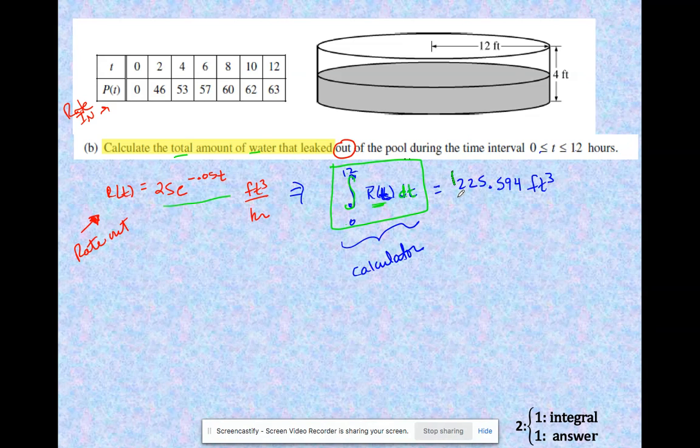And then again, 1 point for the answer, and the rubric has units with the answer. So if you didn't include units, you don't get that point. Now, they do keep track. If you lost a units point in part A, they won't ding you again for units in part B. You can only lose a maximum of 1 point per each separate problem for units.